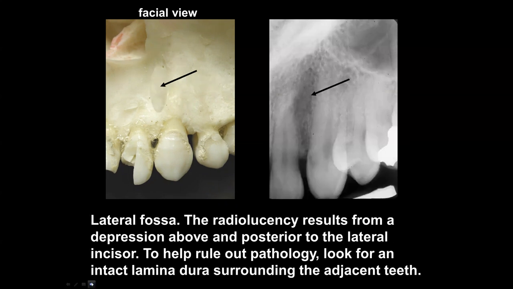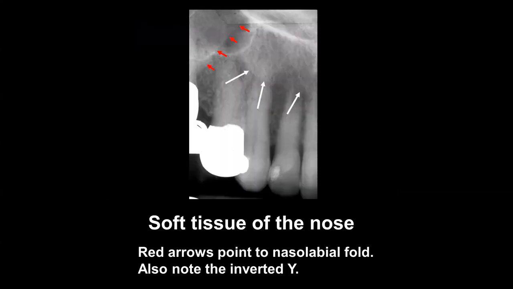Here you can see in detail the radiolucency of the lateral fossa in the lateral aspect of the maxillary canine. Here, the red arrow shows the nasolabial fold, which may be appreciated in certain IOPAs. And here you can also see the inverted Y, which is made up of the floor of the nasal cavity as well as the floor of the maxillary sinus.